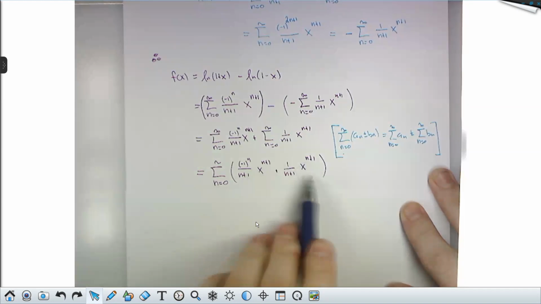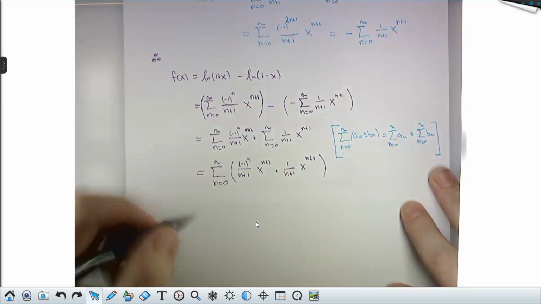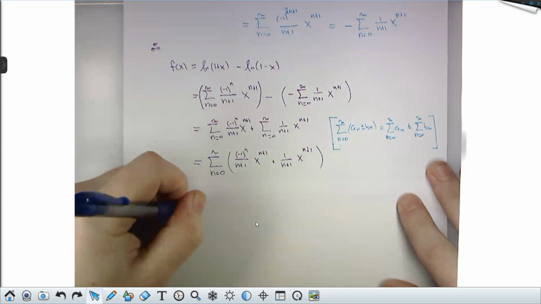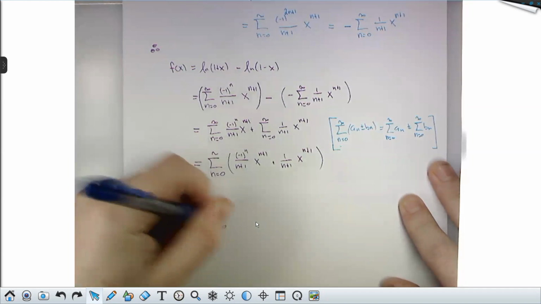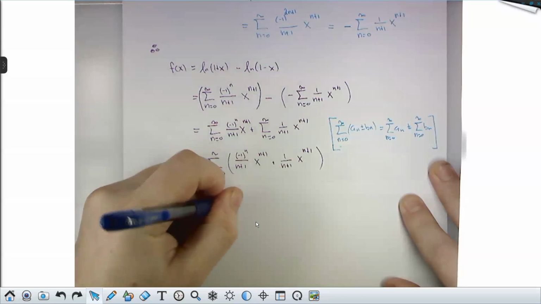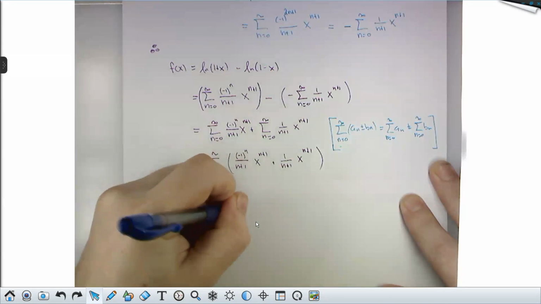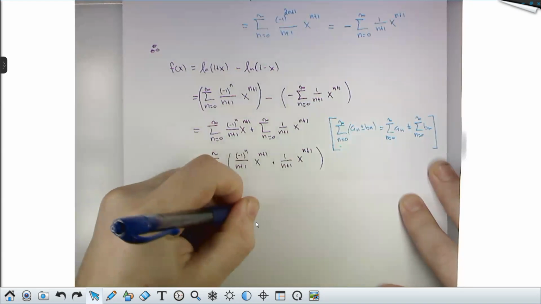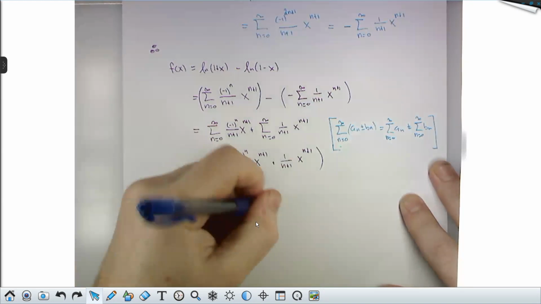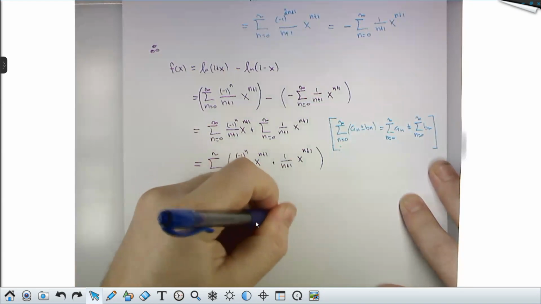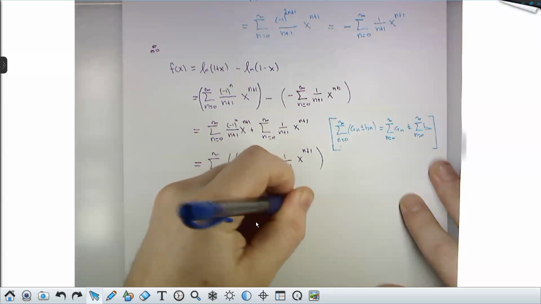The x to the n plus 1 and a 1 over n plus 1. So I get sigma n equals 0 to infinity, I'll have a negative 1 to the n plus 1 times 1 over n plus 1 x to the n plus 1.